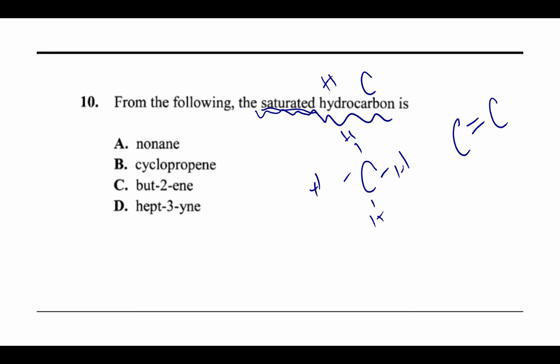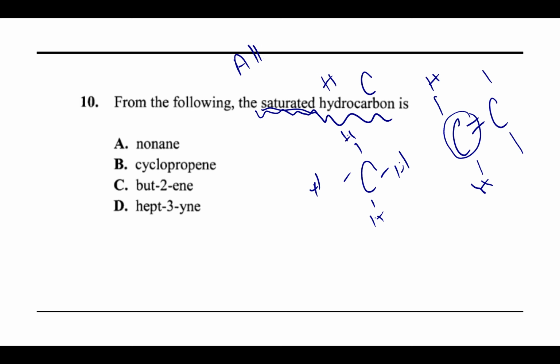And that takes away the amount of hydrogens you can bond to. So for instance, this first carbon, instead of being able to bond to 4 hydrogens and be saturated, it can only bond to 2 other hydrogens. So it is unsaturated.